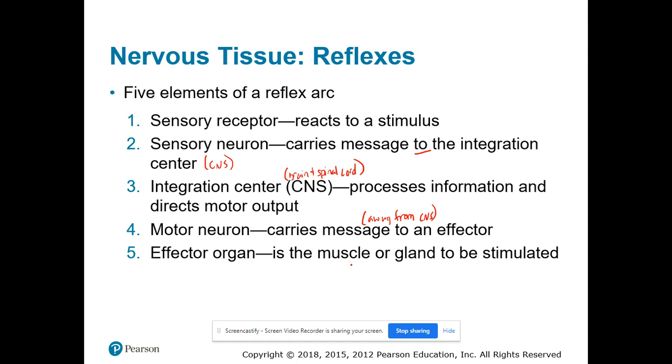This can be a muscle, or again, it can be a gland that's being stimulated. These 5 elements of a reflex arc shouldn't sound new because we've gone over the sensory input, integration, and motor. When I went over the overlapping functions of nervous tissue, I said we'd hear it a lot. And here it is again. Sensory, you sense it first, you process it, you send it out to a muscle.